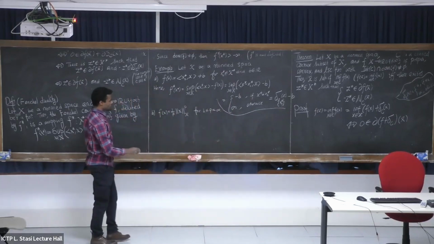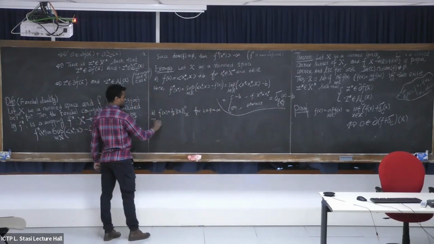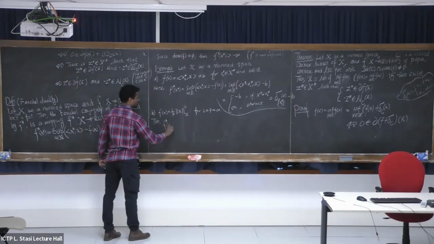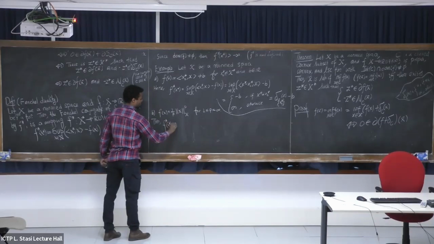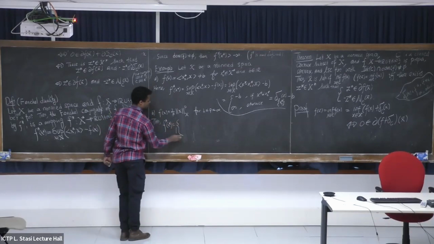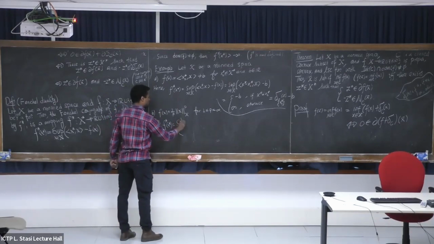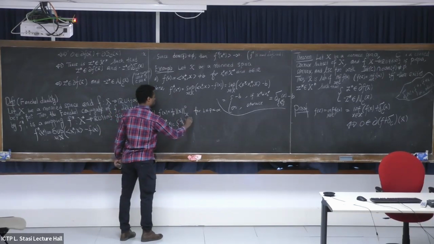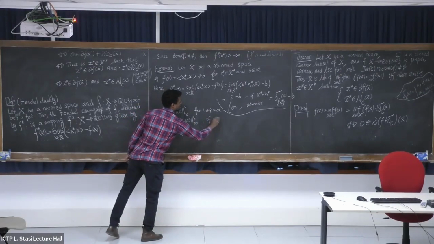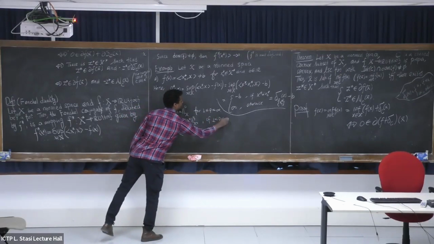Then the dual of this, f star of x star, is 1 over q norm of x star to the q, which is in the dual, if 1 is less than p, less than infinity.